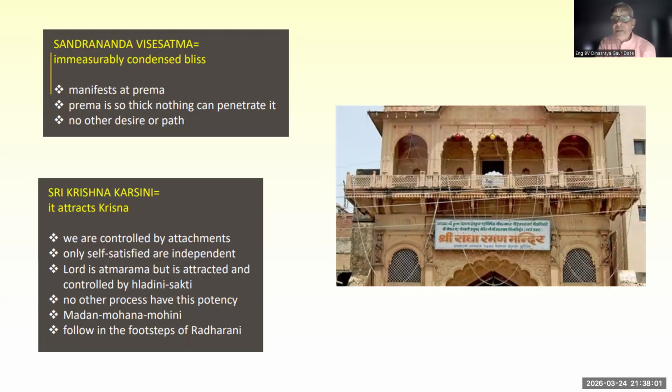Our Chaitanya Mahaprabhu, you will remember, when he had a darshan of Lord Jagannath in Puri, went into a bhava state. He fell unconscious and was in such an ecstasy of bhava bhakti, ecstasy of prema bhakti.